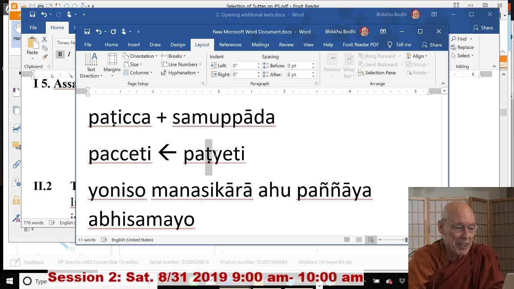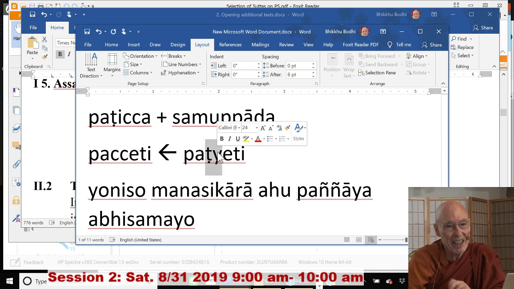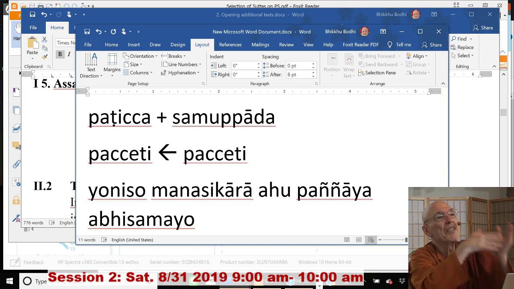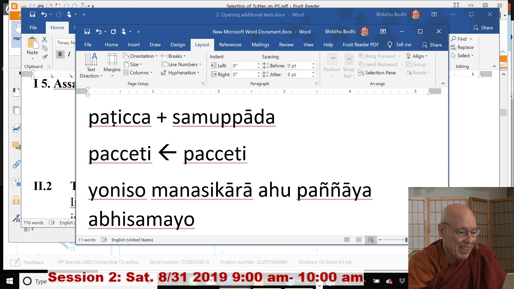But then when you have this combination of two consonants, that also doesn't stand in Pali. It's unstable. So it turns into a double C. So we get pacceti is the verb. So literally to fall back upon, to rely upon, to depend upon.